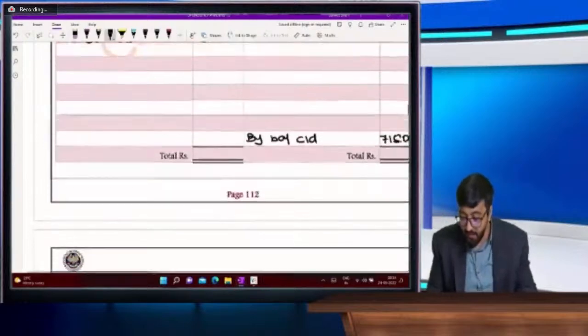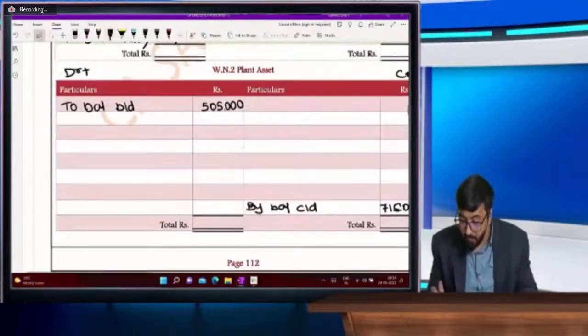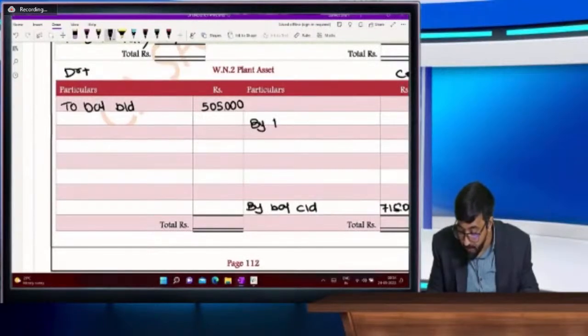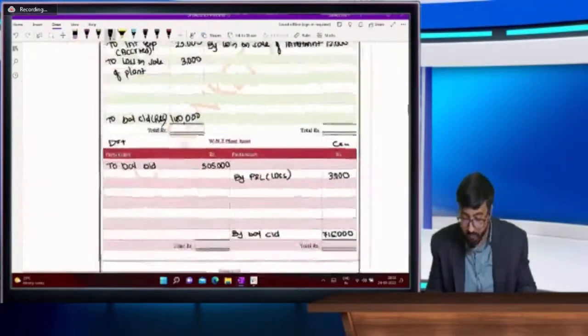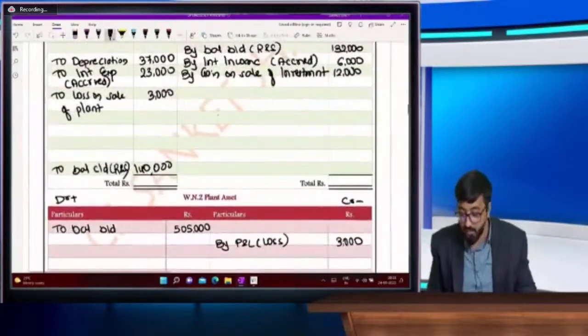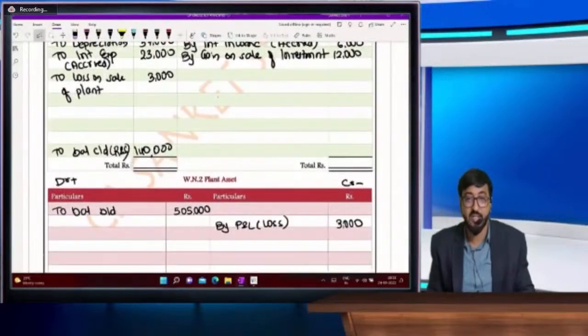And second effect, plant asset by P&L, second line loss 3,000. One debit, one credit. Adjusted P&L debit, plant credit by loss on sale. Loss on the credit side of plant and debit side of P&L.